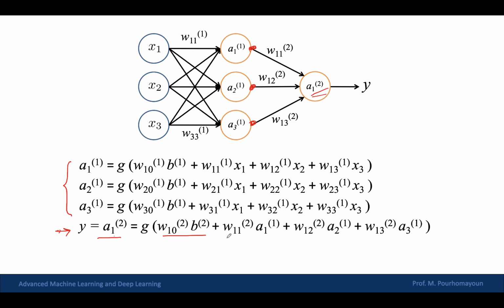So this weight multiplied by the value of this guy, and then this weight multiplied by the value of this one, and then this weight multiplied by the value of this cell. Okay, and everything then passes through that non-linear function g, and then it creates a y for you.